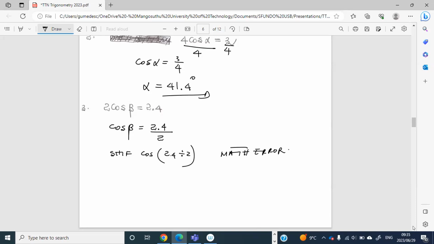Right. So it means now this equation does not have a solution. There's no value of an angle beta which will satisfy this. And the reason why that is the case is that our cosine function, same as the sine function, of any angle must be less or equal to 1.